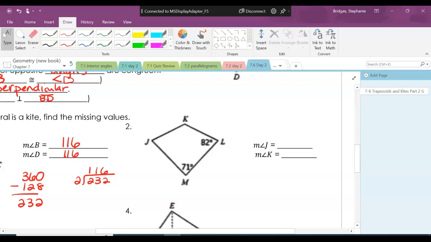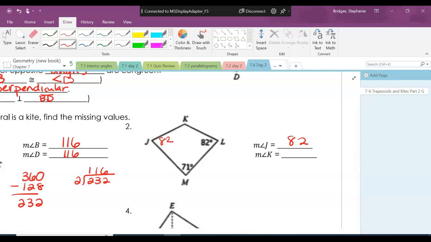Okay. All right, looking at my picture, my kite has turned a little bit, correct? So what we have to do is pay attention to which angles are supposed to be congruent here. J and L, yes. Okay, so if L is 82, what would J have to be? 82. And then how do you think we could find the other one? Exactly.